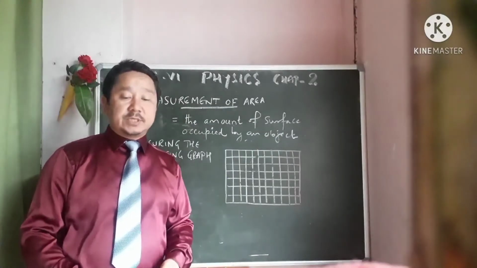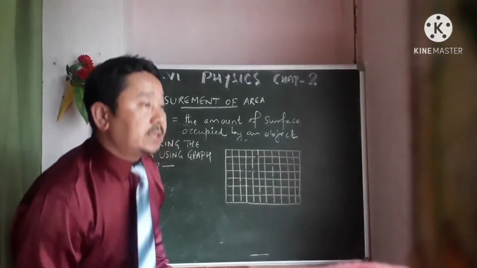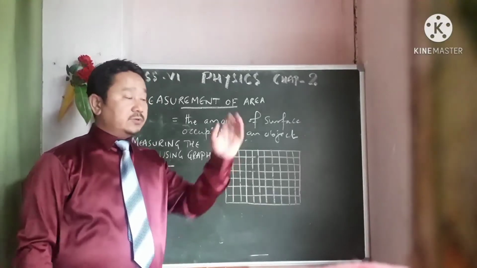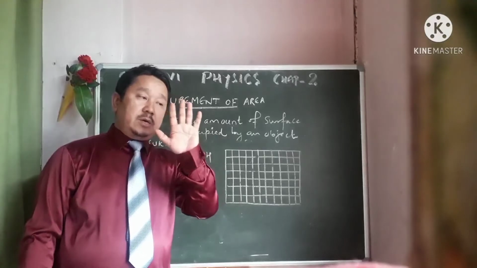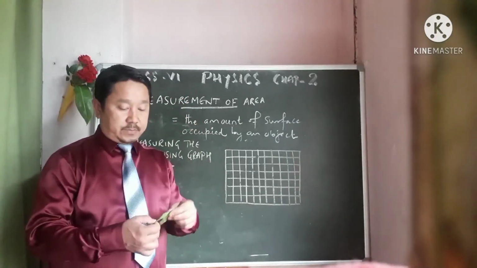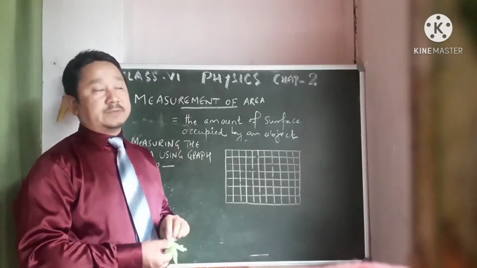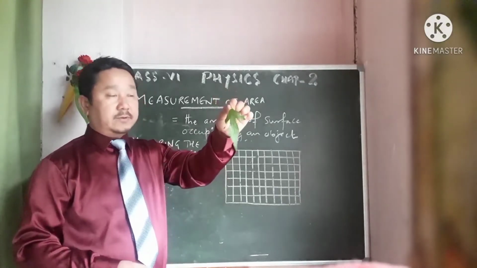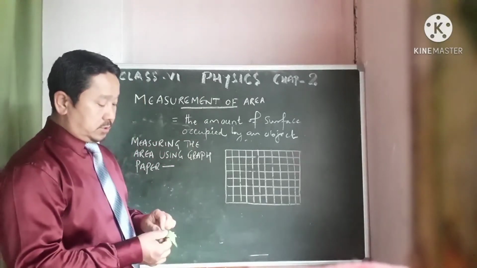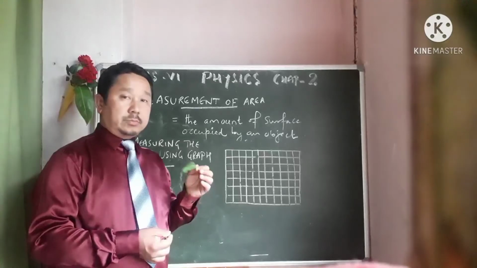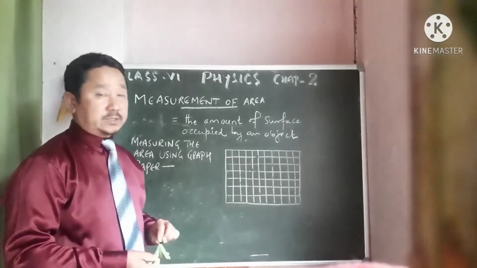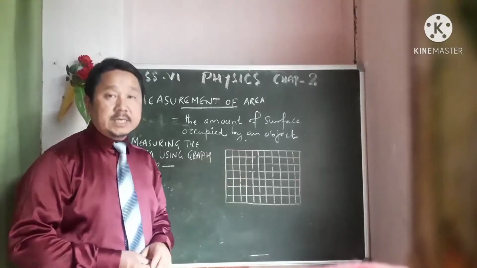Using this graph paper also, we can measure the area of a number of objects, like the area of your hand, or some irregular objects like a leaf. So there we can use graph paper to measure the area of such objects.